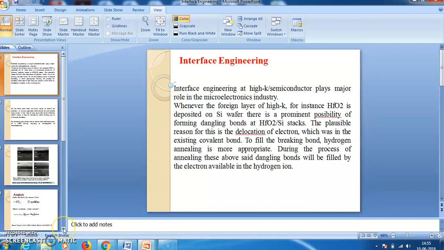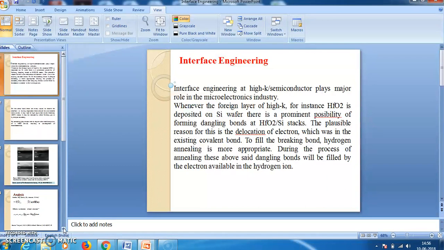In interface engineering, people mainly concentrate on interface state density values. Those are the main defects. I will tell you a small story about how this interface state density occurs. Silicon valency is 4, so silicon has 4 covalent bonds with the surrounding atoms. Whenever we clean the silicon substrate and try to deposit a foreign layer on it, a foreign atom comes and accommodates on the silicon surface.